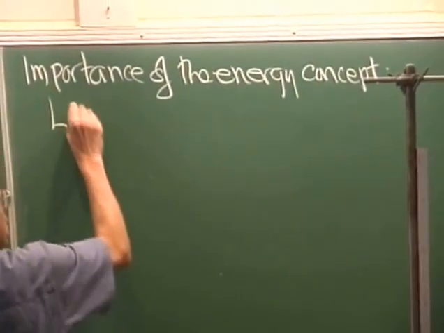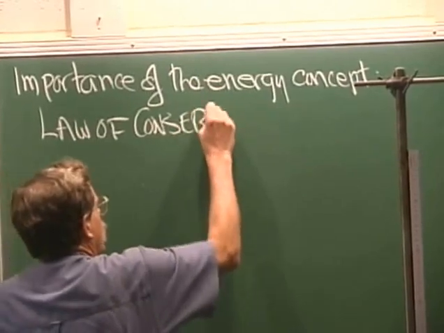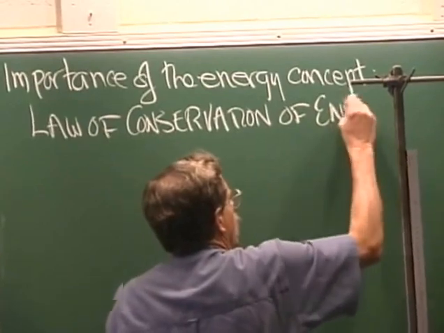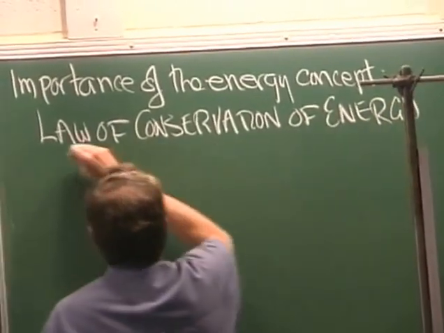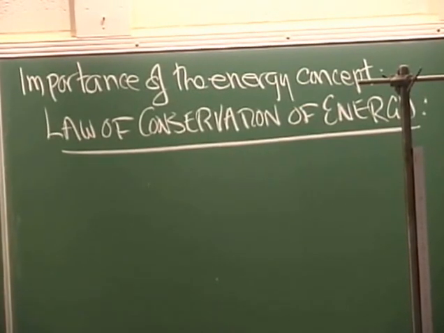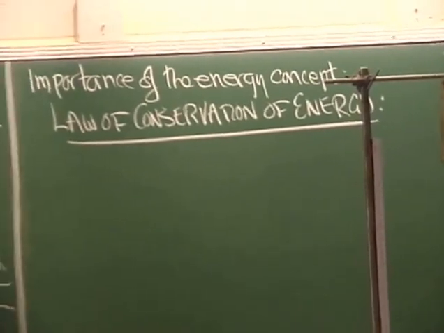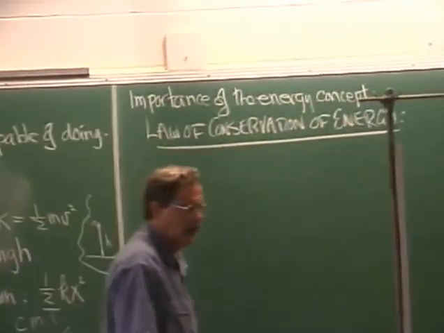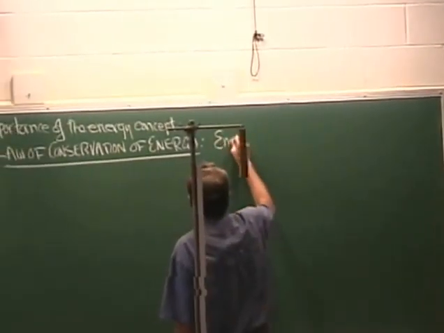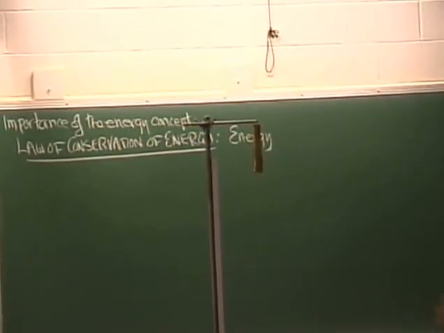The law of conservation of energy, which says energy can be converted from one form to another, or it can be transferred from one object to another, but it can't be created or destroyed. The total is always the same after and before.